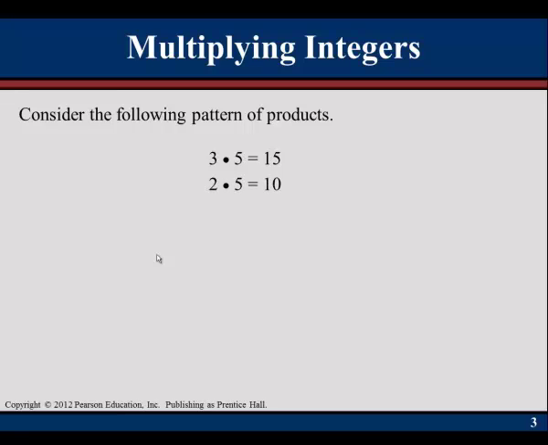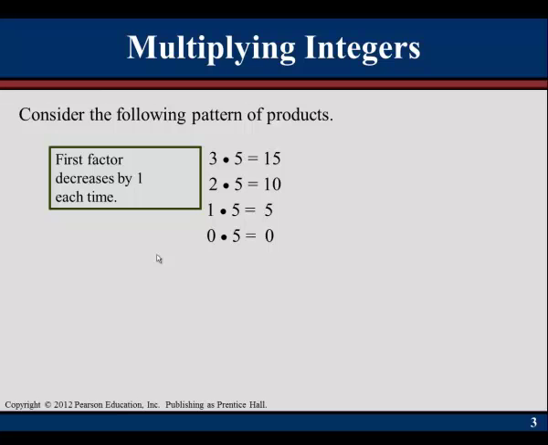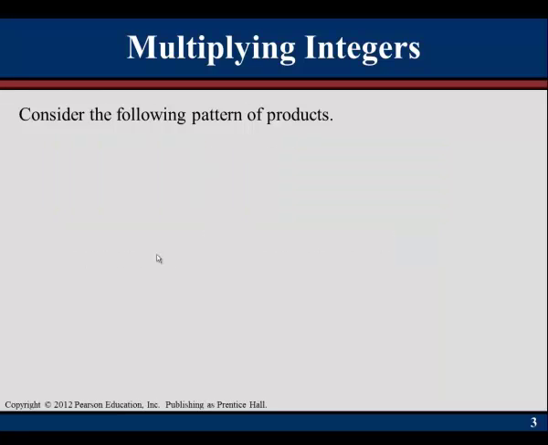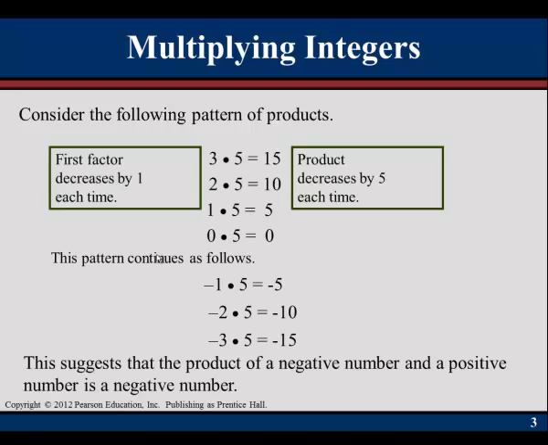Okay, let's look at this, there's a pattern here. We multiply a positive number times a positive number, we get a positive number. Now, when we multiply a negative number times a positive number, in each one of these cases we get a negative.